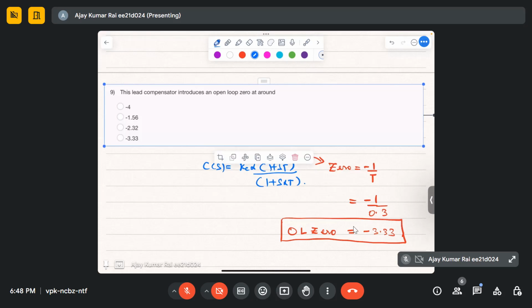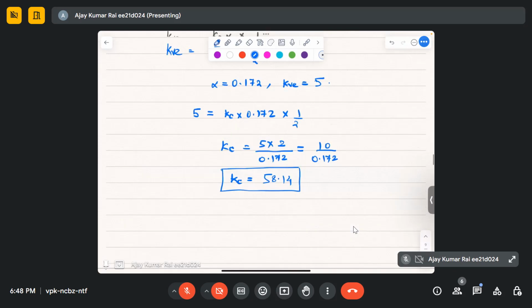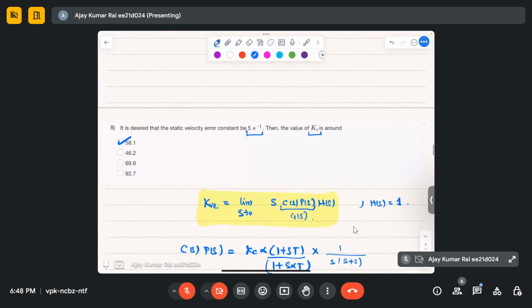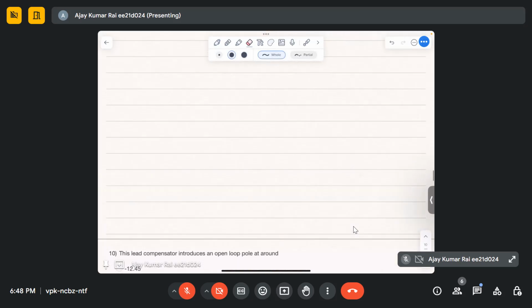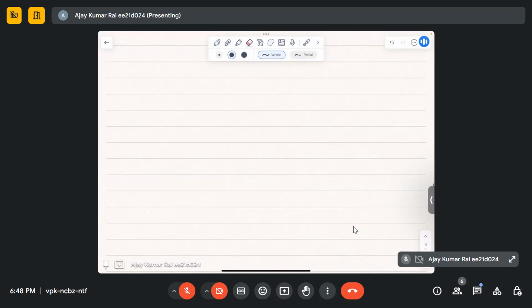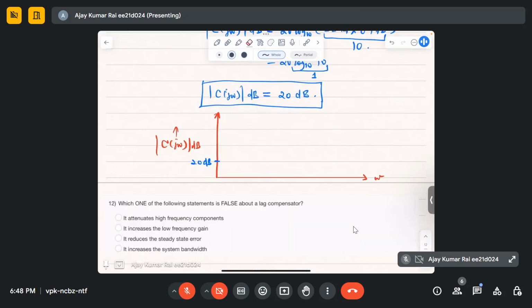Okay, so the corner frequencies in the previous question, one is the zero, and the pole is at, where is the other one? Okay, 3.33 and 19.38. Omega 1 is 3.33 and omega 2 is 19.38.